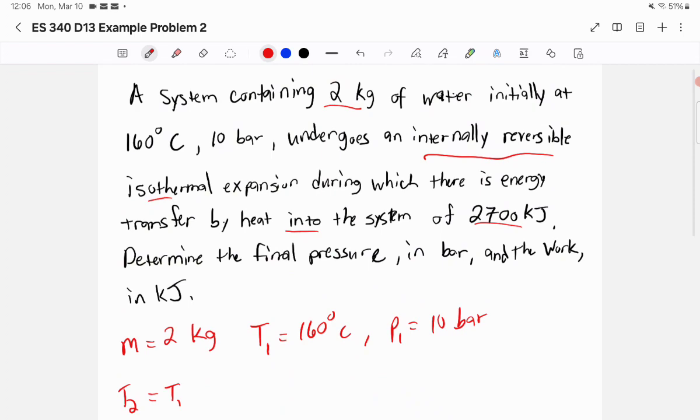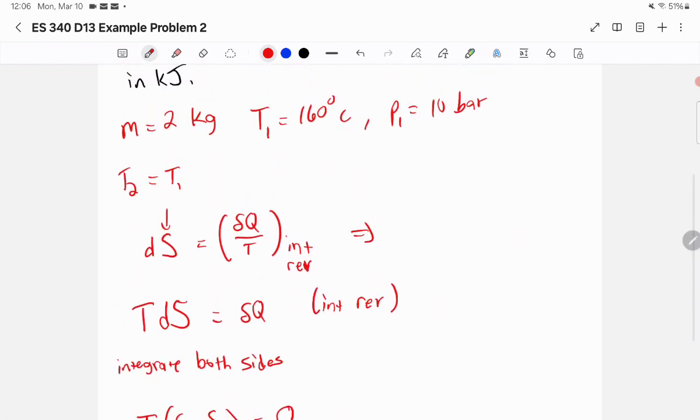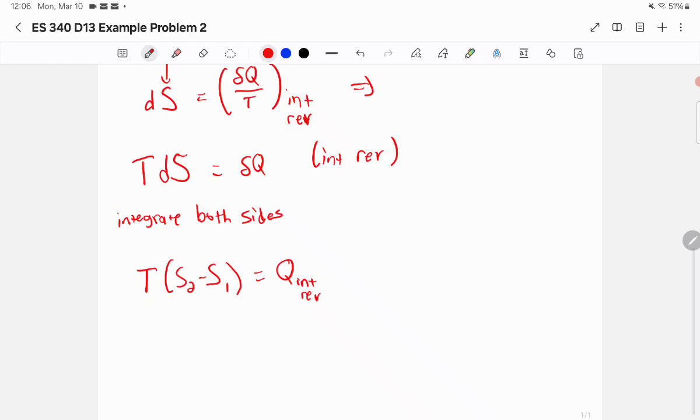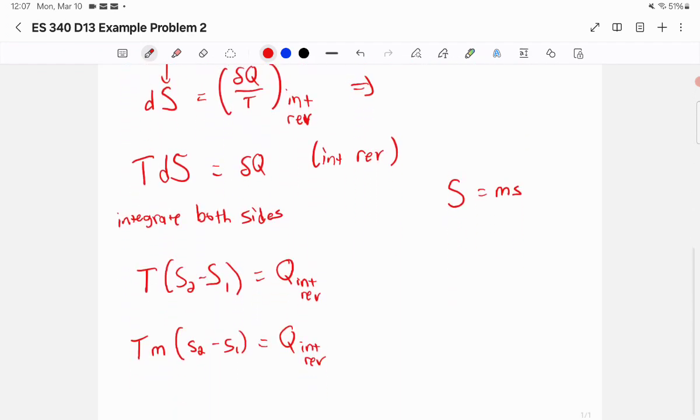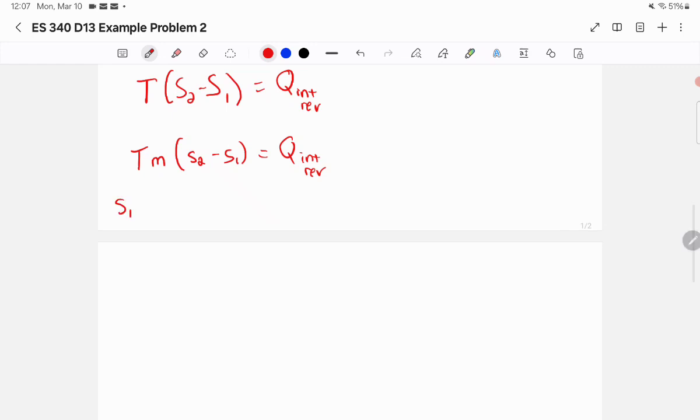Okay, now we were given m, so that's going to be helpful for us. The reason is basically note that S is equal to m times lowercase s, right? So if we do that, we can say T times m times lowercase s2 minus s1 is equal to the Q internally reversible. We can actually find the value of lowercase s1.